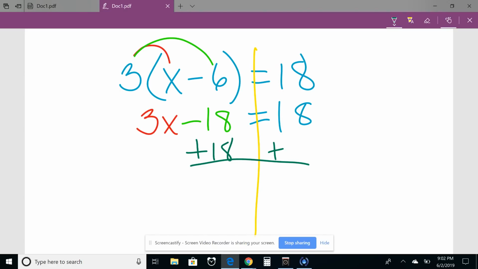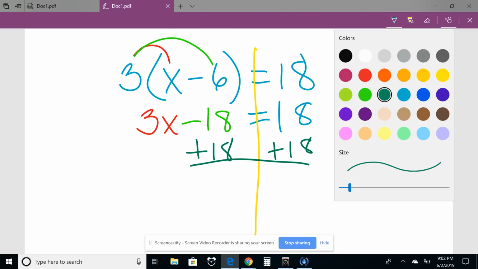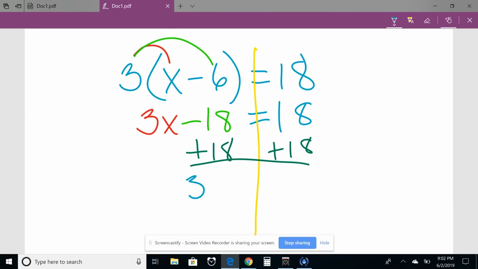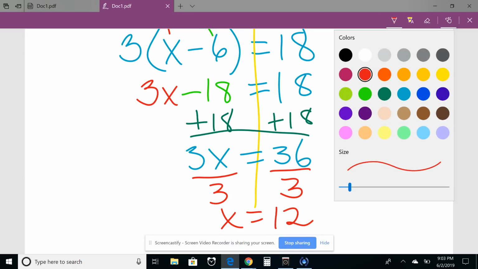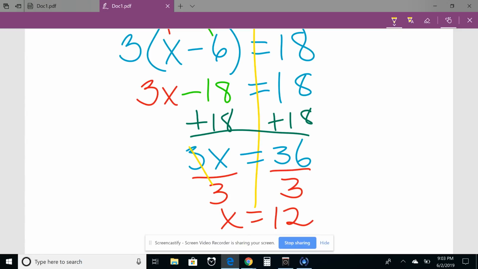So I'm going to add 18 to both sides and get 3x is 36. That opposite operation is dividing by 3. So again, my final answer is x is 12. And when I do these inverse operations, they cancel out on this side.